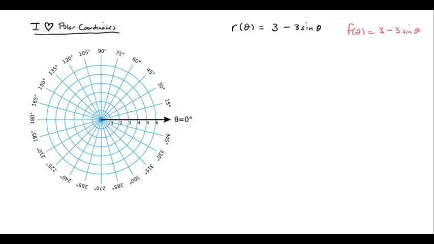The fact that I'm calling the independent variable theta and the dependent variable r is just a nice symbolic marker of what we're going to do, which is that we are going to graph this function in polar coordinates.